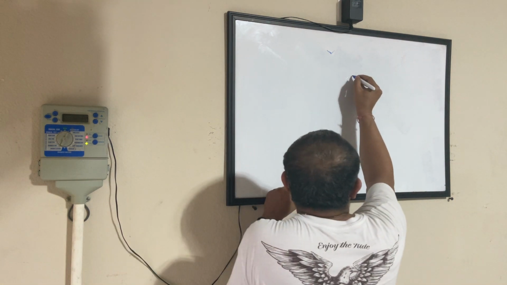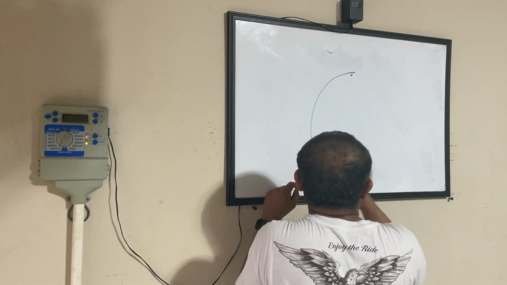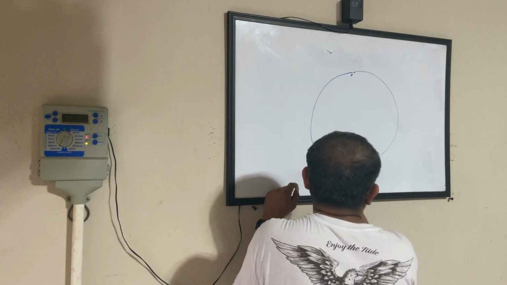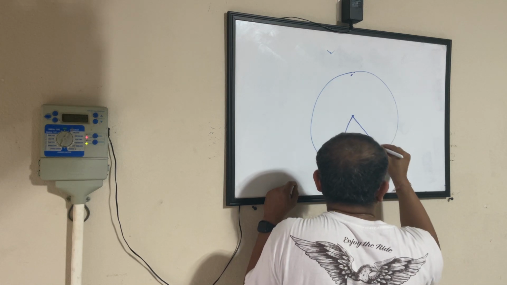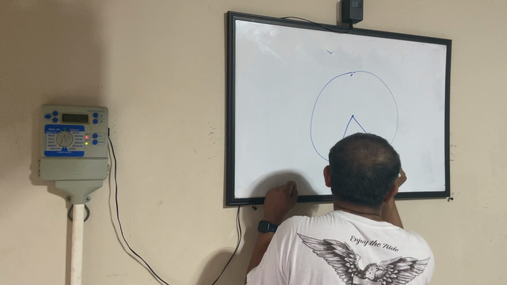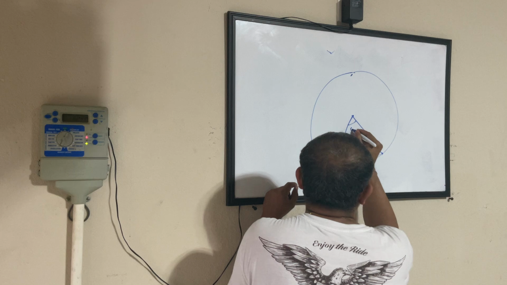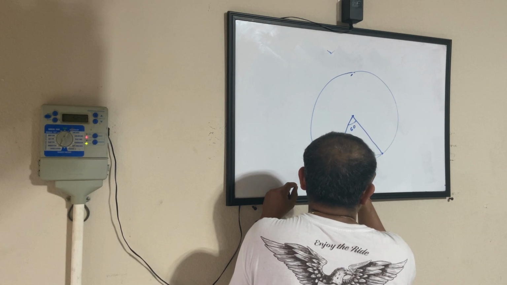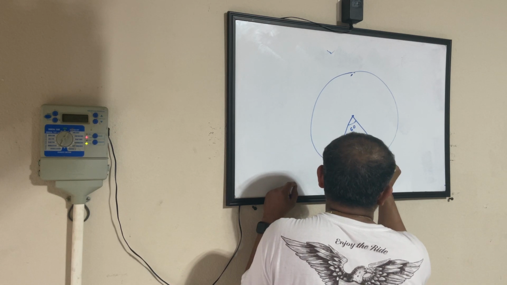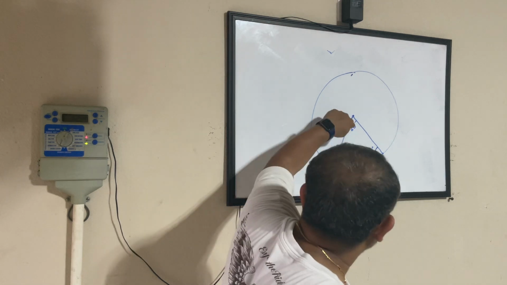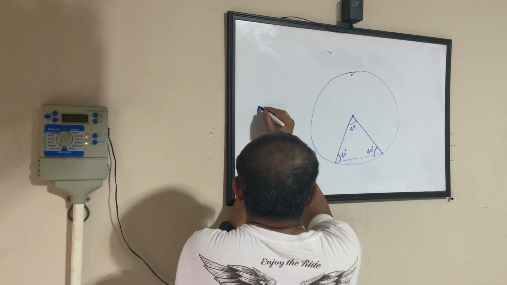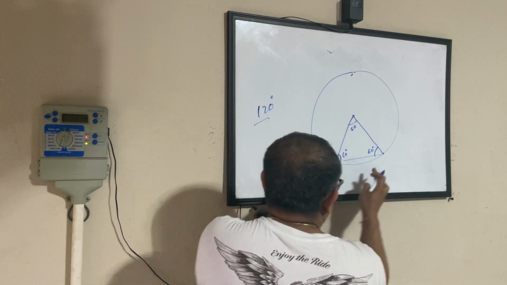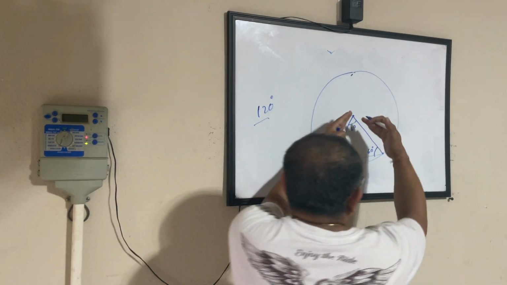So now let's look at the same thing again. We are trying to find the area of this triangle where this angle is 60 degrees. This will also be 60 degrees, because if this is 60, the remaining two angles, which total 120, are both equal, as this is an isosceles triangle.